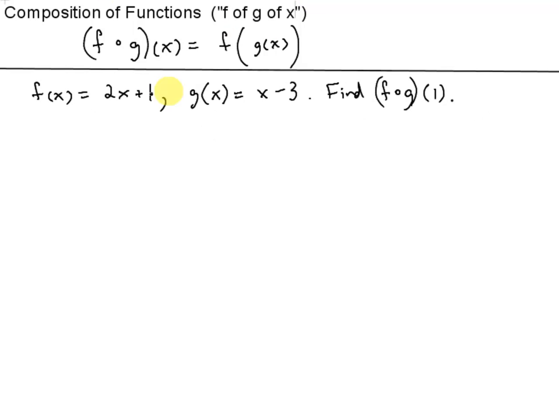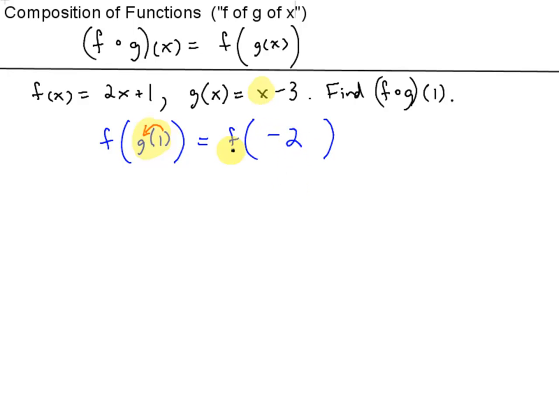Here we have two functions, and we want to find f of g of 1, so I'm writing it differently. The first thing I want to do is plug 1 into g, so I go up to the definition of g of x and I plug 1 in everywhere there's an x, and so this is the same thing as f. I'm just copying the f down and replacing the inside here, g of 1. g of 1 is 1 minus 3, which is negative 2.